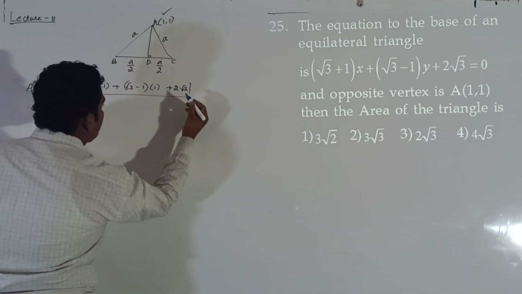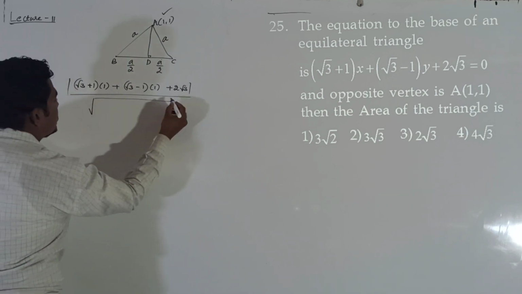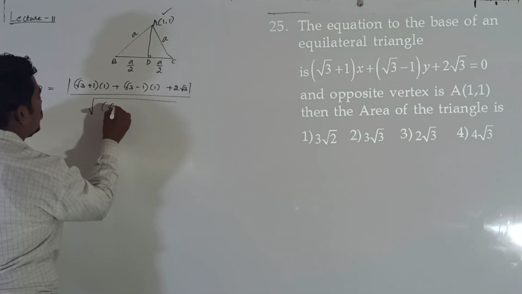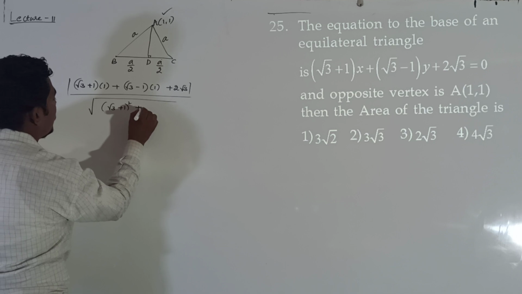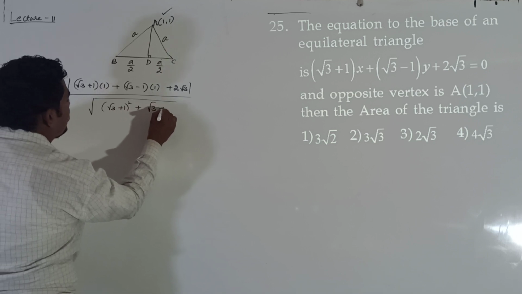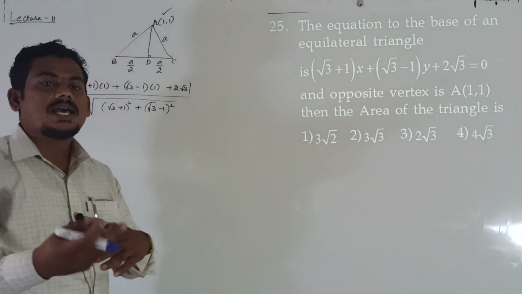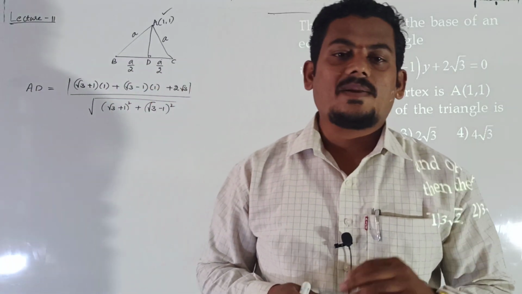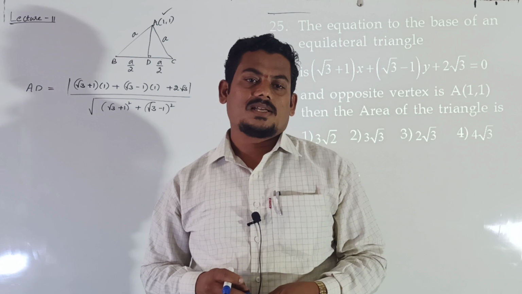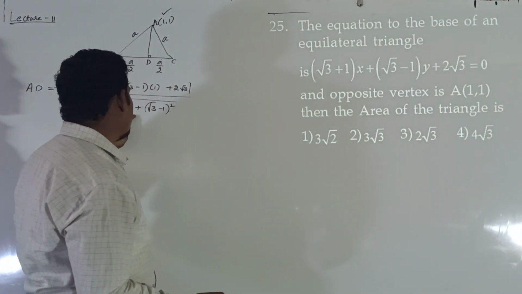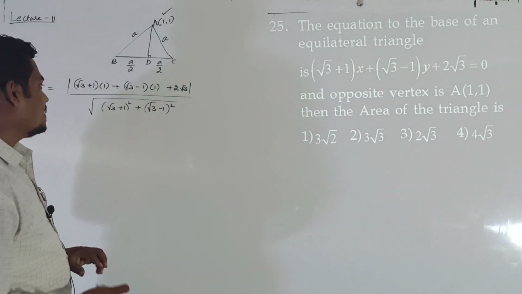Whole thing divided by square root of root 3 plus 1 whole square plus root 3 minus 1 whole square. A square plus B square means coefficient of x whole square plus coefficient of y whole square, and just use a plus b whole square and a minus b whole square, just simplify.